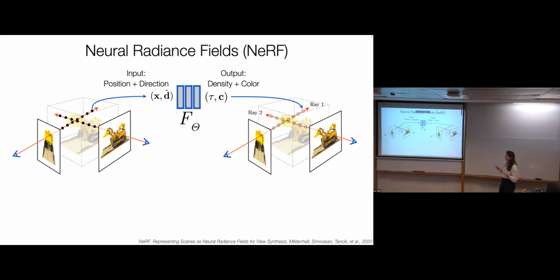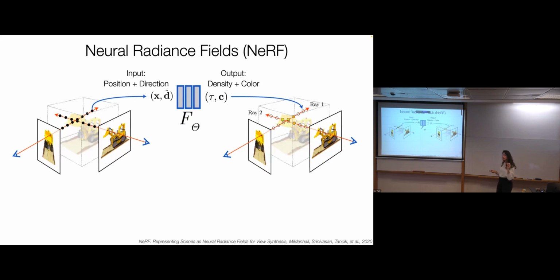So at a high level, and we can do that quickly, the idea of neural radiance field, or NeRF, is to model the scene, again, using a fully connected neural network, an MLP, that takes as input a 3D position and a viewing direction.